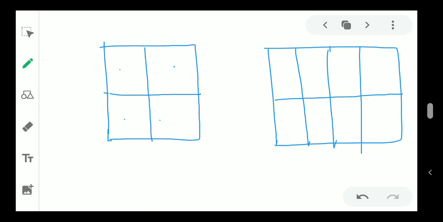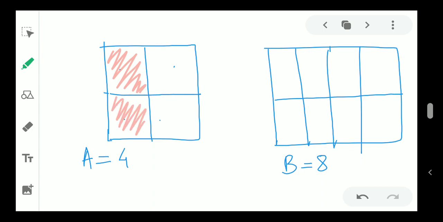So B number friend is having 8 pieces, A number friend is having a total of 4 pieces. Now let's say in this case you have colored 2 of the portions here, and in B number case that friend has colored 4 pieces.